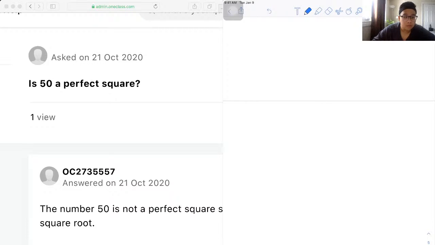The first column will be perfect squares, the second column will be square roots, and squares for the last column.